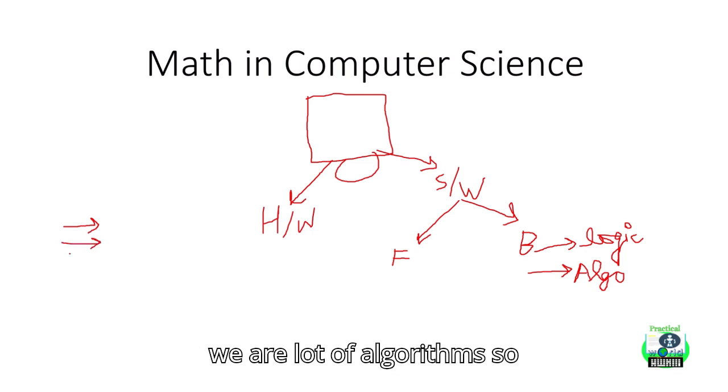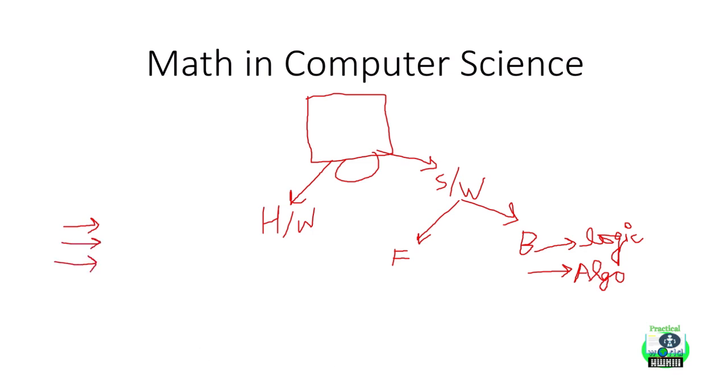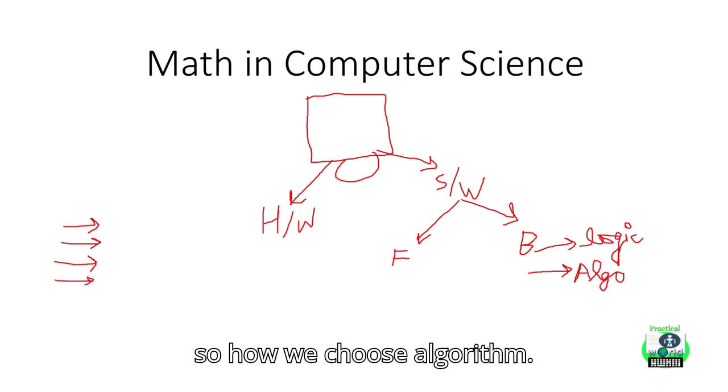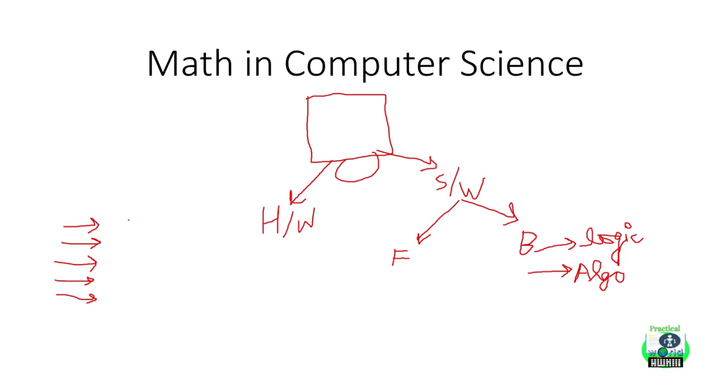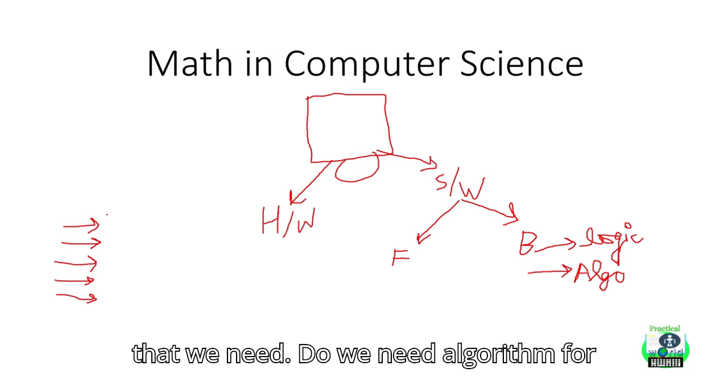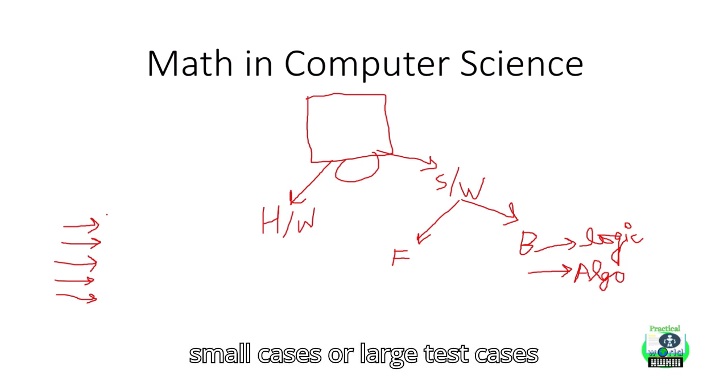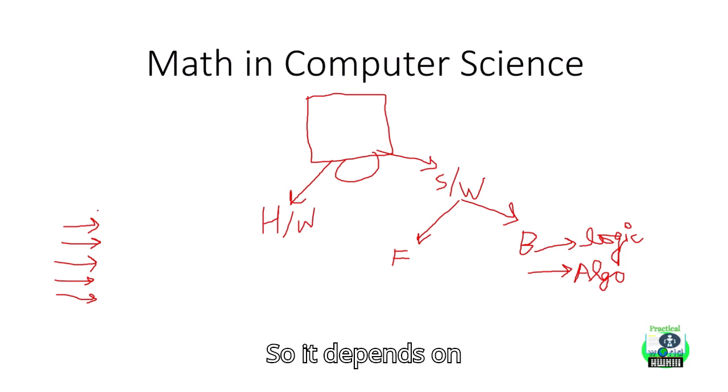And if we already have some algorithms, we need to choose one. Suppose we have a lot of algorithms. So how do we choose an algorithm? It depends on our requirement: do we need an algorithm for small cases or large test cases, or do we need a fast algorithm?